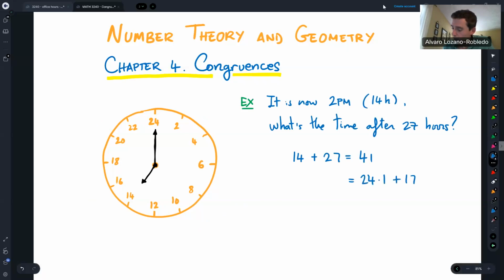Again, what happened here was that I did long division by 24. After 27 hours, a whole day will go by, and then it will be the 17th hour. So it will be somewhere here, which corresponds to 5 p.m.